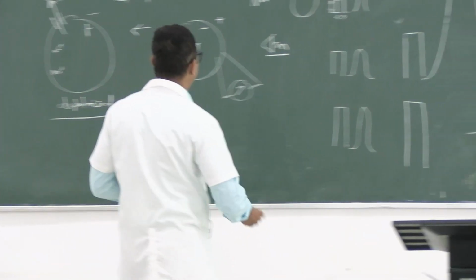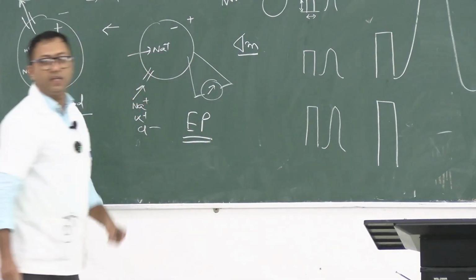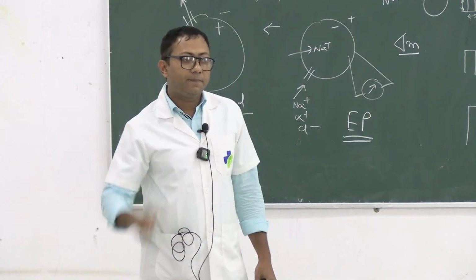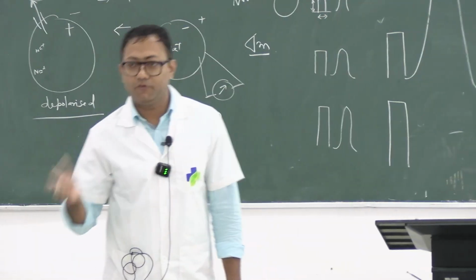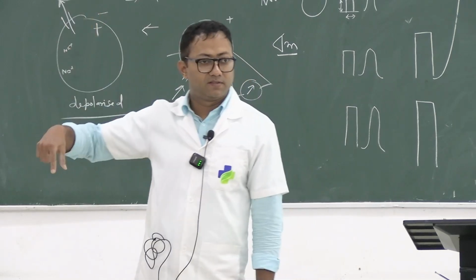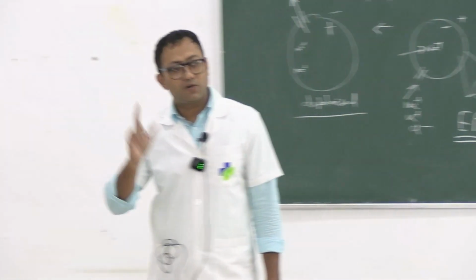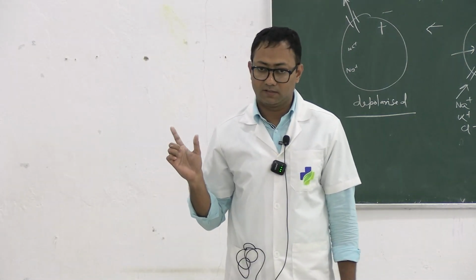EP has no fixed height. If you increase your stimulus, EP will rise. But once there is action potential, you cannot change the height of action potential.